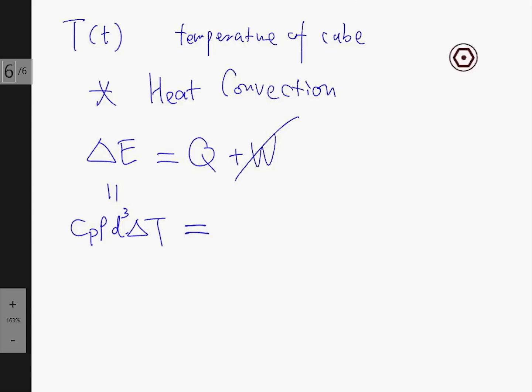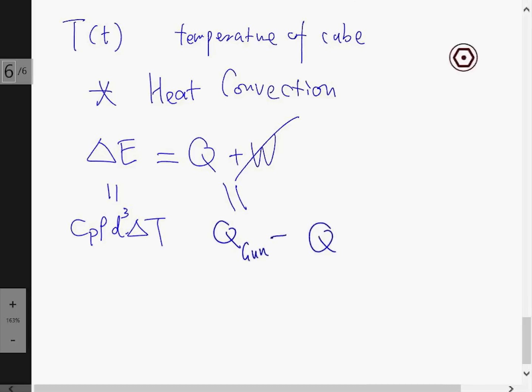And what determines how much heat has convected into the cube? So I think I should write like this. What determines Q? What determines the heat that goes through the surface of the cube into the cube? Good. So that is Q from the gong minus Q. So this is gong to cube, and this is cube to air.